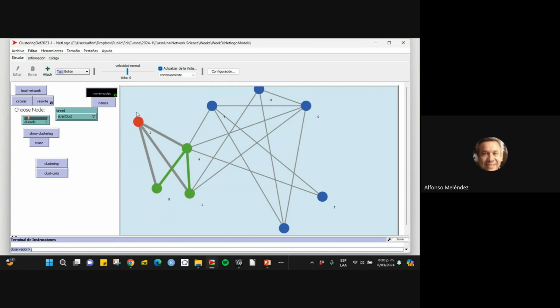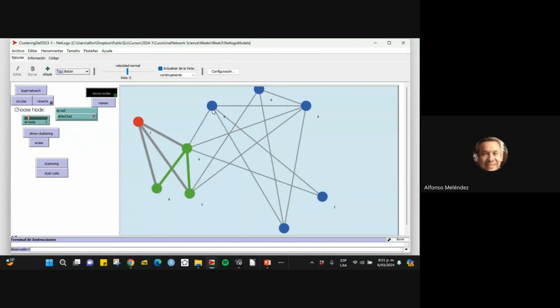The clustering coefficient of a node is maximum when all the neighbors of the node are connected between them, okay? Each of these 3 friends are mutual friends. But of the 3 possible connections between these 3 nodes, only 2 exist. So the clustering coefficient is 2 divided by 3.